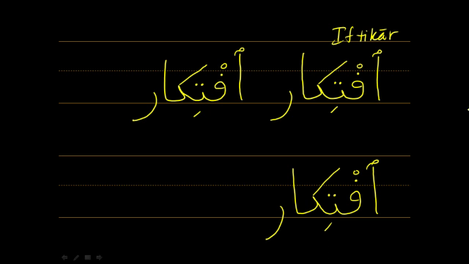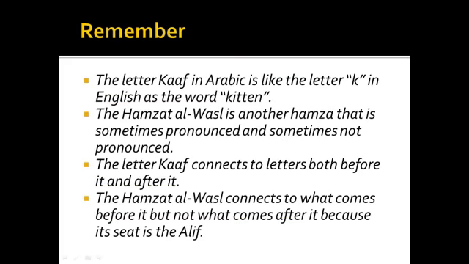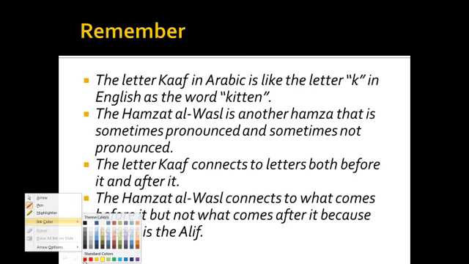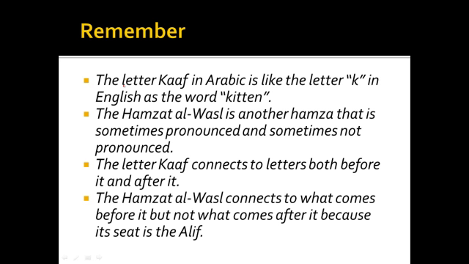Now, let's look at what we've done so far. So the letter Kaf in Arabic is like the letter K in English, as in the word kitten. The Hamzat al-Wasl is another Hamza that is sometimes pronounced and sometimes not pronounced.